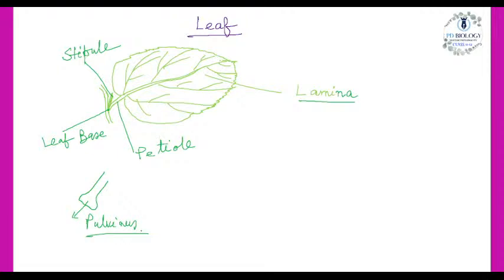The petiole helps to hold the leaf blade to light. A long, thin, flexible petiole allows the leaf blade to flutter in the wind, thereby cooling the leaf and bringing fresh air to the leaf surface. The lamina is also known as the leaf blade.